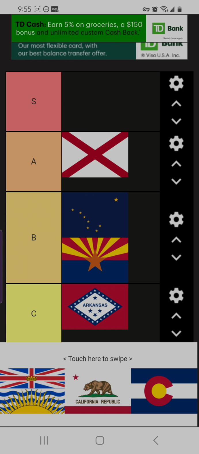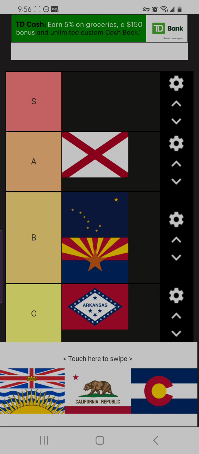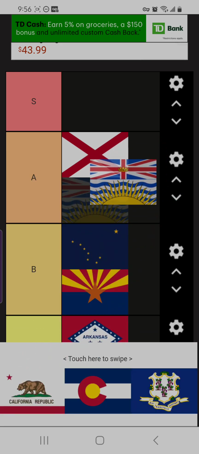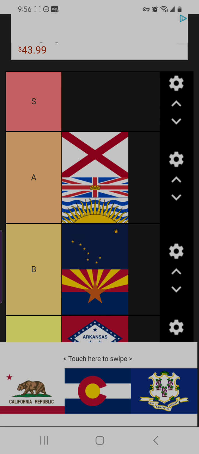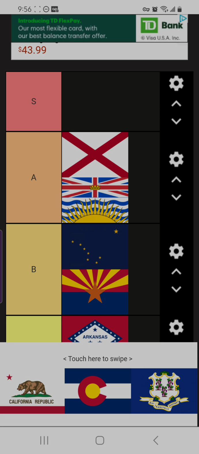So why would it not be a Union Jack? This one is the best way to show the history out of the Canadian provinces. So I'm gonna put this in A tier with Alabama. It's so close to being an S tier, but it doesn't get to that level where it actually feels good enough to get into the S tier.